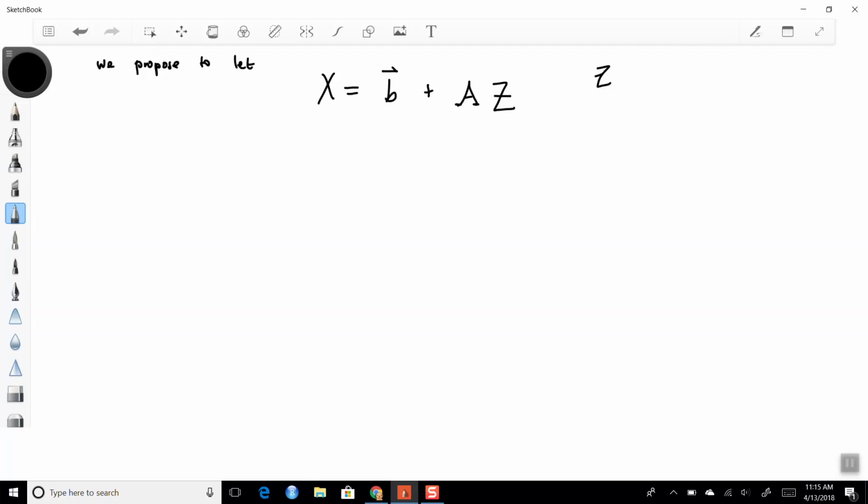So again, z comes from our bivariate standard normal, and we want x to come from this thing. So then what should b equal and what should A equal so that x will have these properties, right?